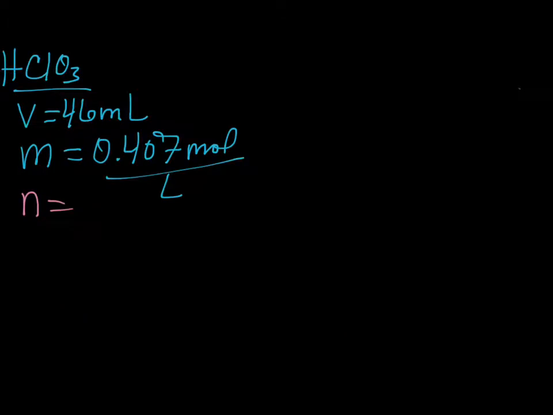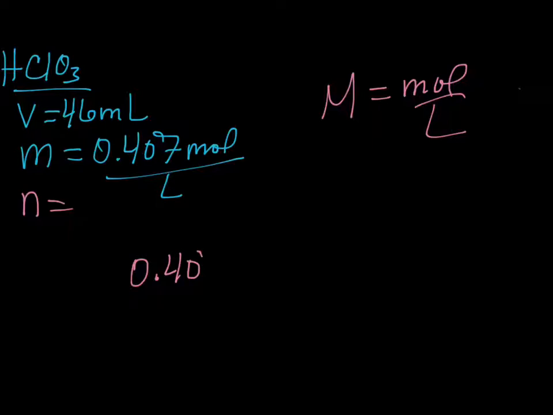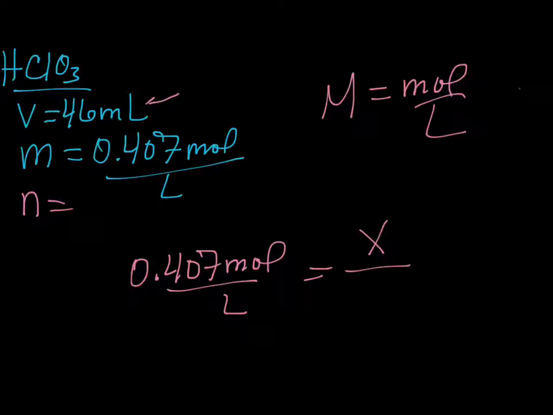So again, using the formula molarity equals mole over liter, let's plug in what we've got. We have a molarity of 0.407 mole over liter equals, we don't know the number of moles. Our volume right now is in milliliters. We need to make that liters.